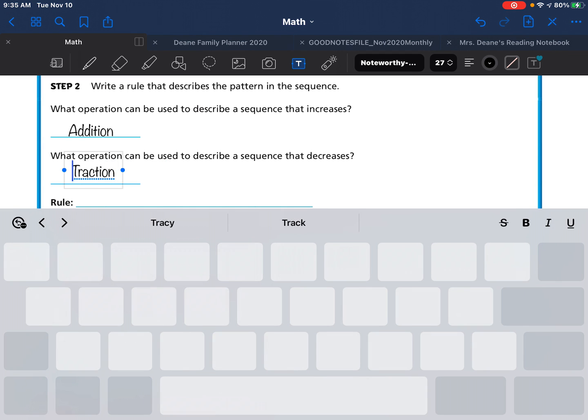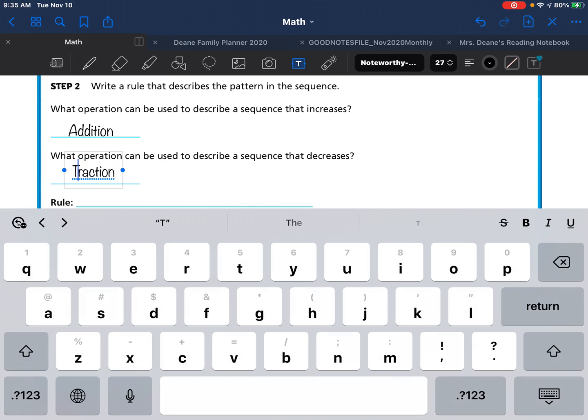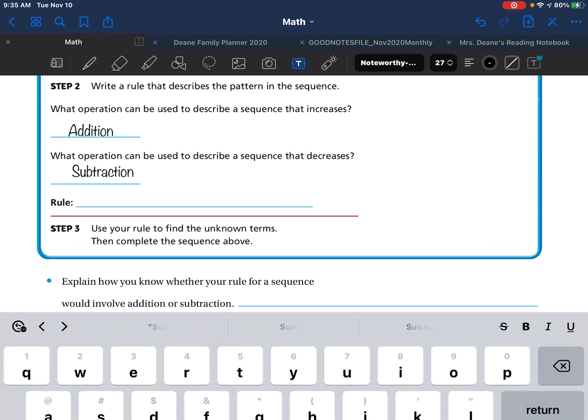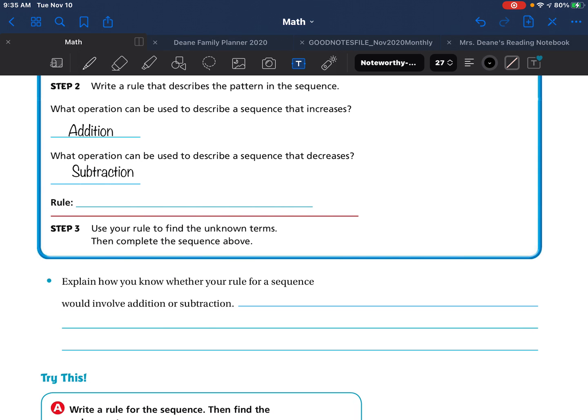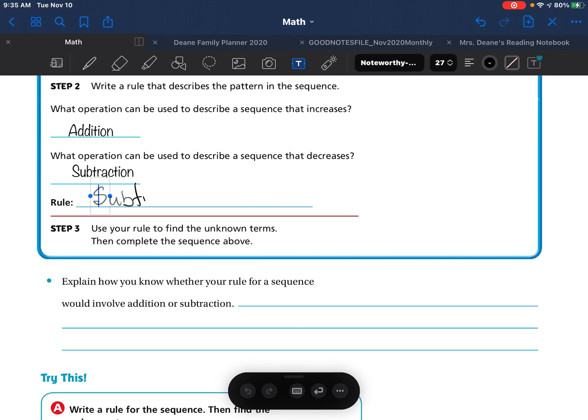In this case, we do know that it's going down, it is decreasing. So our rule for this problem is that it's going to be subtract 1.3, which is 1 3/10.